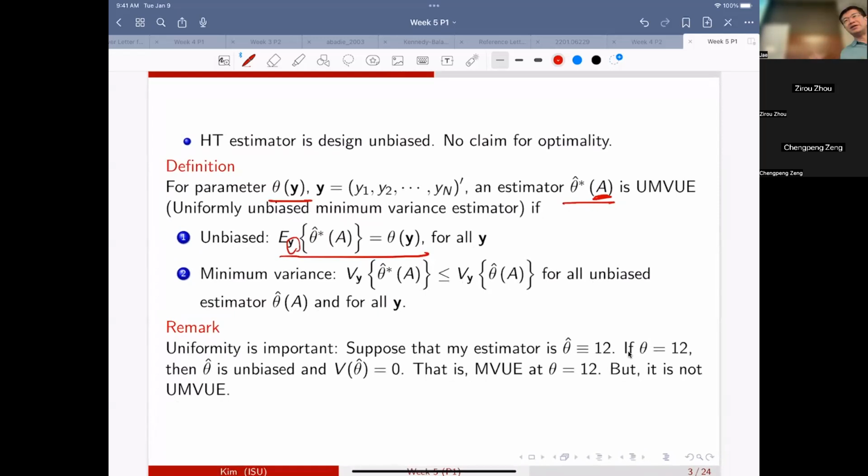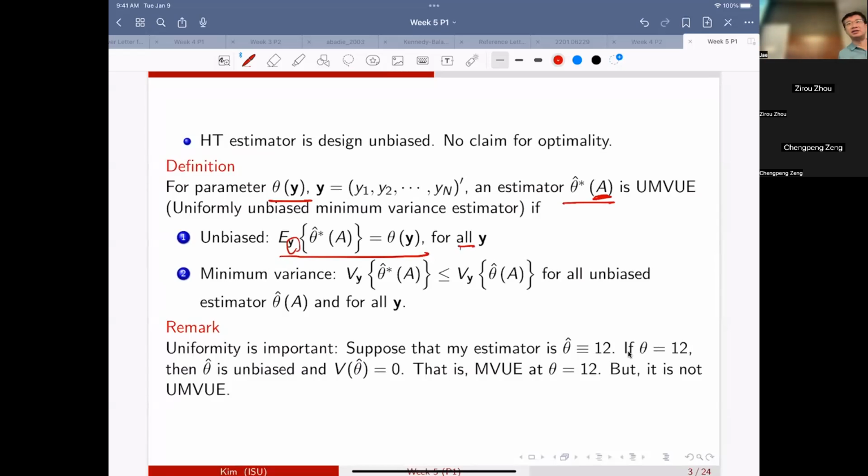We don't treat y as a random variable. The y's are fixed. So the expectation is a function of the y's in the population, because you take the expectation with respect to the sampling design. The right side is also a function of y. So as an equation in y, this should hold as an identity, that is, for all y.